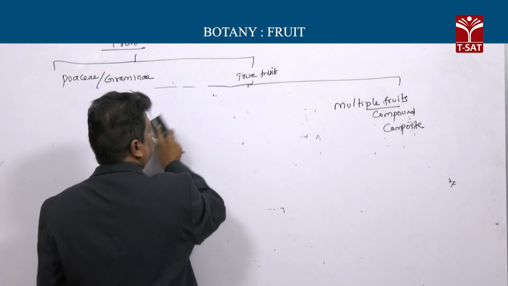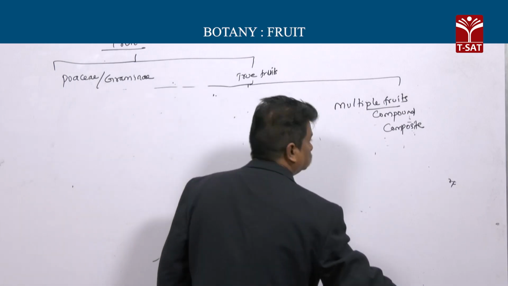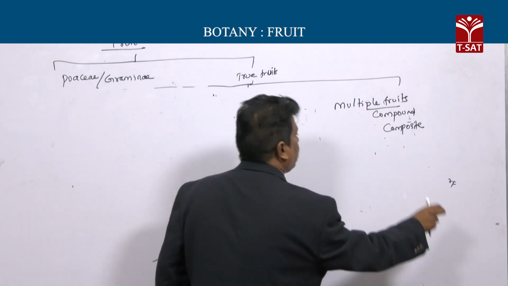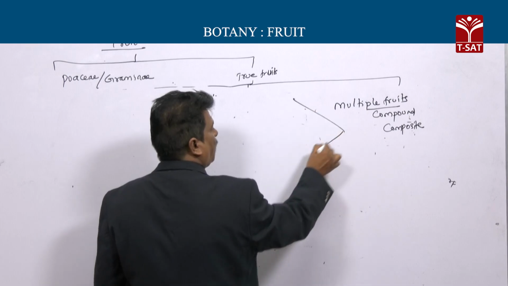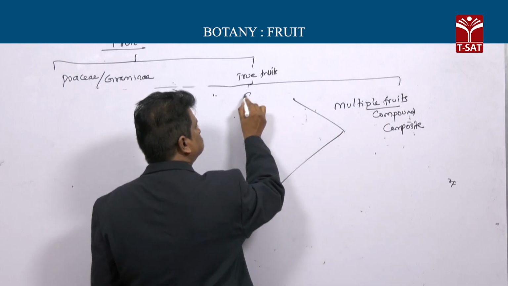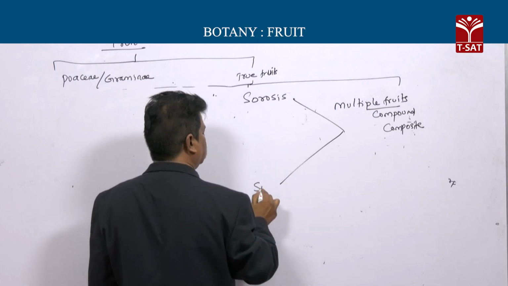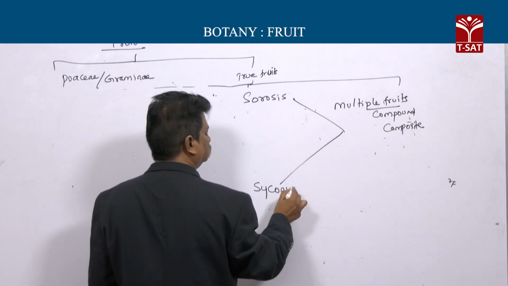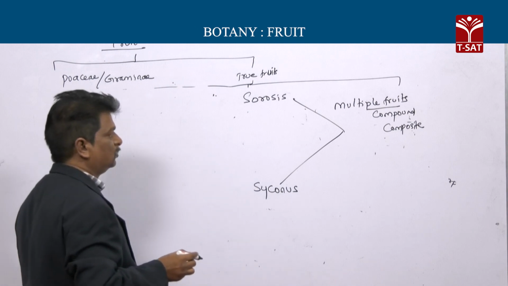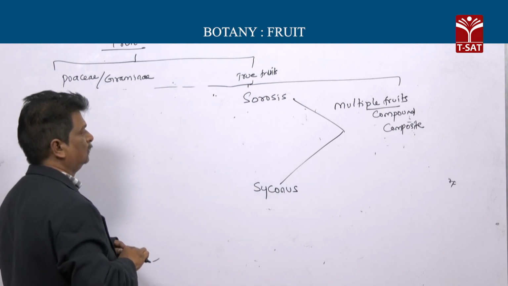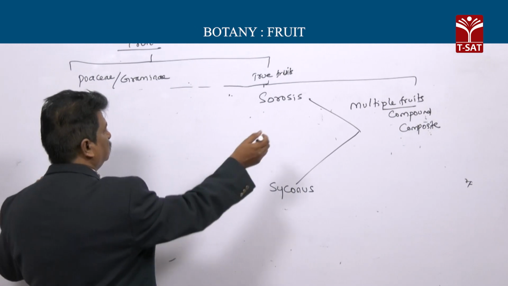If fruits develop from an inflorescence, they are called multiple, compound or composite fruits. These multiple fruits are of two types: sorosis and syconus.